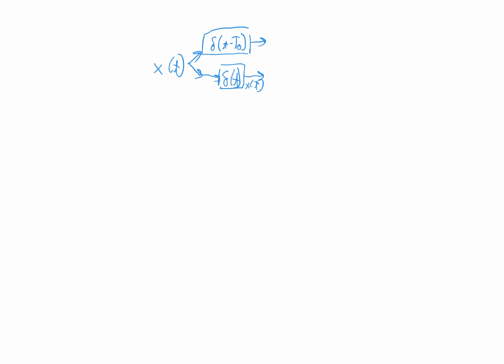Using the delay property, we know we're going to get x at t minus t0 right here. Then we are going to run that delayed x through another system in series. We'll call it h1 of t, its impulse response.